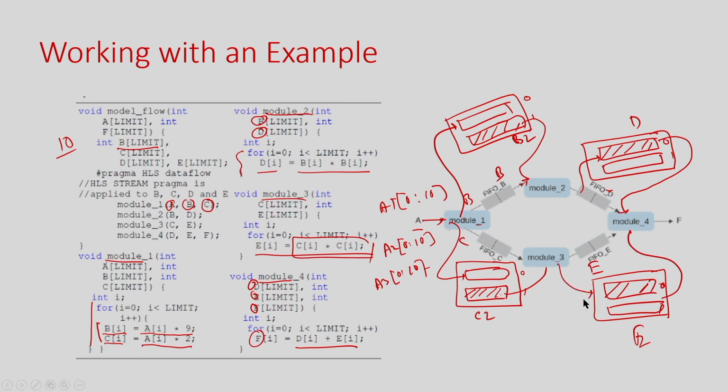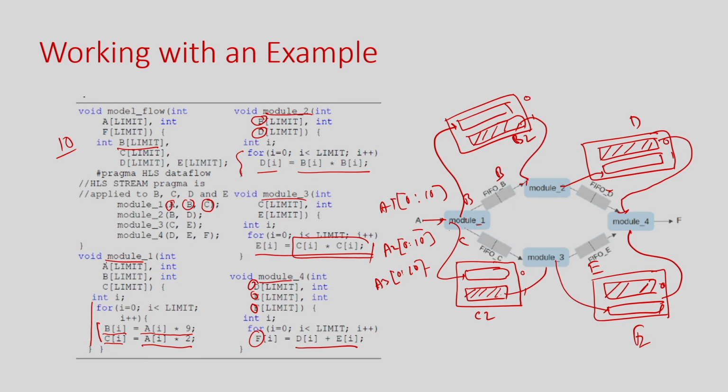And in the next clock, this is going to be consumed from here, and for the next set of data, module 2 is going to write D into the next odd buffer, right, because now this buffer is free. So, again in an alternating way, modules 2 and 3 are going to write the data into the odd buffer. So, from 21 to 30 in this cycle, you can understand that modules 1, 2, 3 and 4 are all running in parallel.